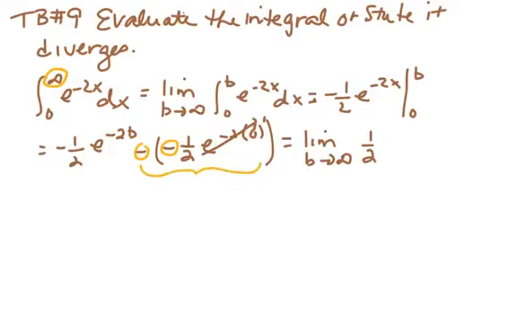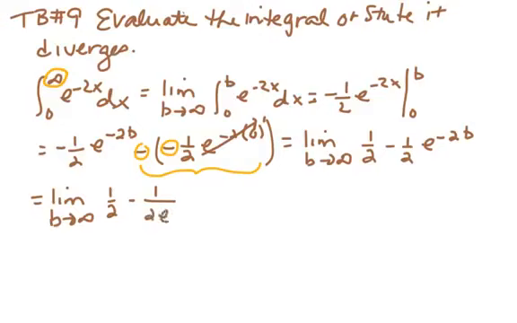And the term with the b in it is what we want to examine. And this is minus 2b. So this is the limit. I'm going to resolve that negative exponent so you can more easily see, and I recommend that you do that. This is 1 over 2e to the 2b. Okay?